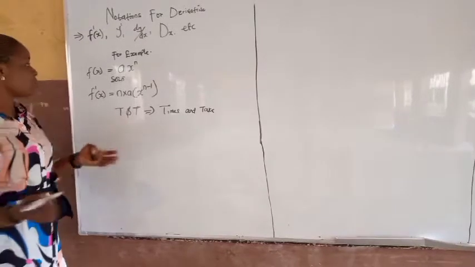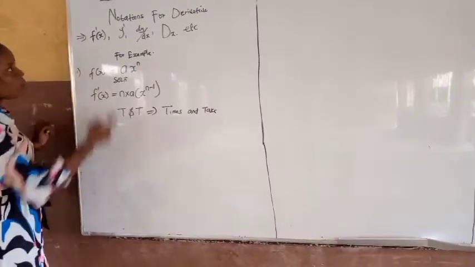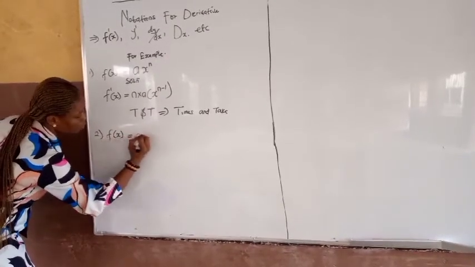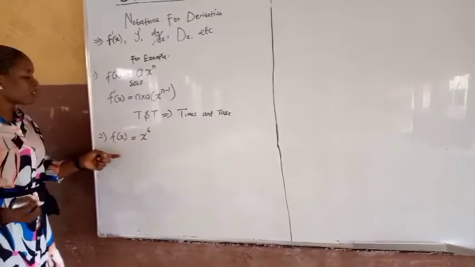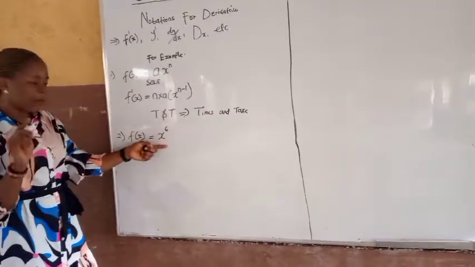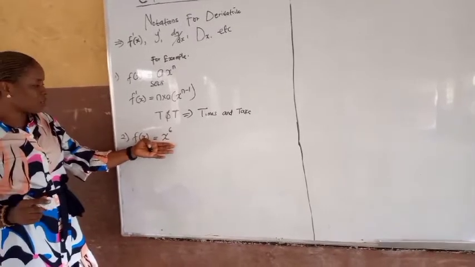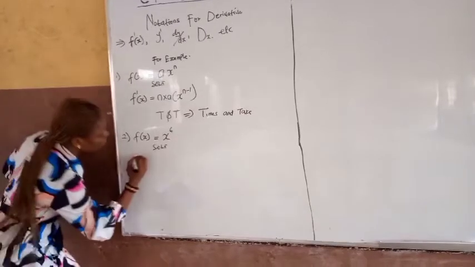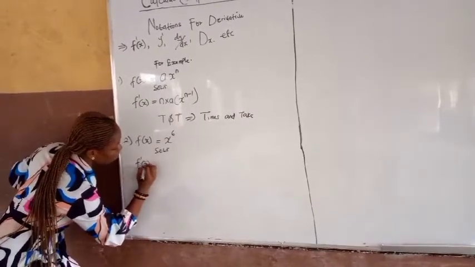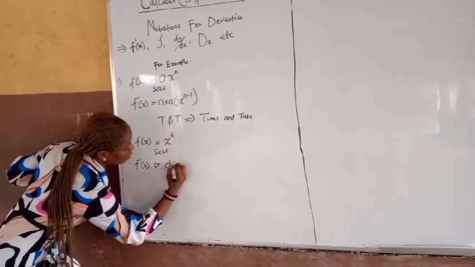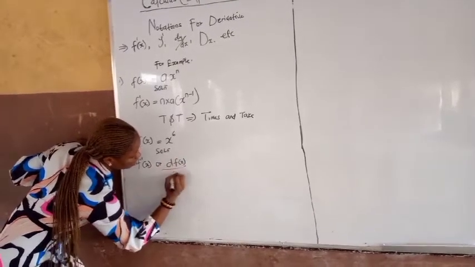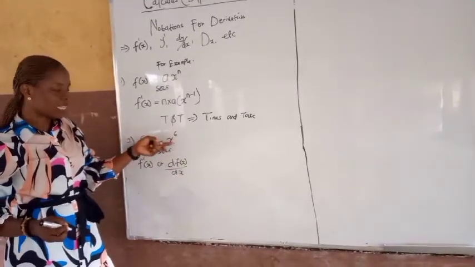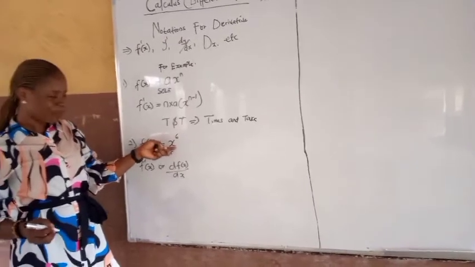So let's see how we can actually solve another problem under differentiation. If a function like this is given to me, f of x equals x raised to the power of 6, and I'm asked to find the differential coefficient of this function. The first thing I'm going to do, I write solution just to make my work neat, and I say that my f prime of x, or my differential of x with respect to x. That is, I'm differentiating this function that I was given with respect to this variable, this unknown quantity.